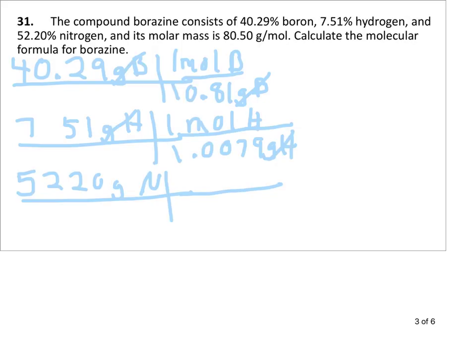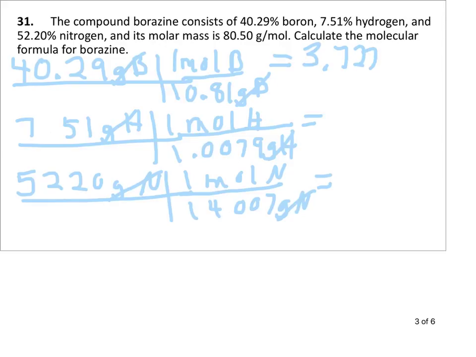And nitrogen, 1 mole of nitrogen is 14.007 grams of nitrogen. Grams divide out grams. We'll go back and do our division for each one. And we find that we get 3.727 moles of boron.